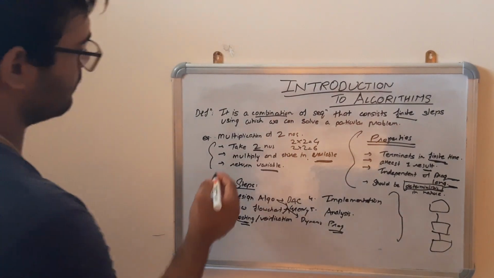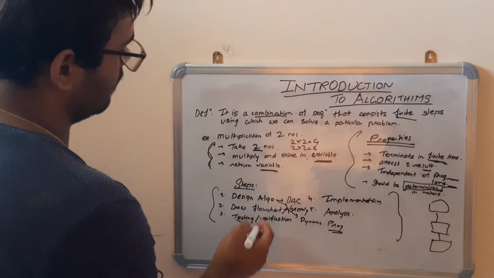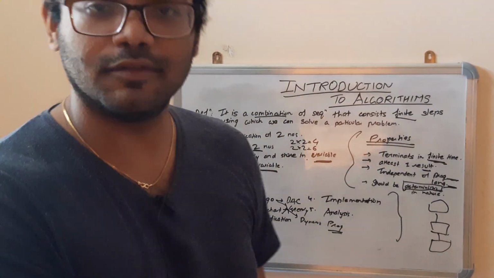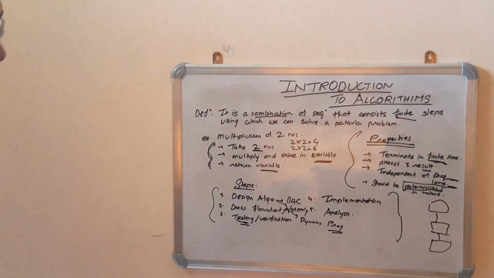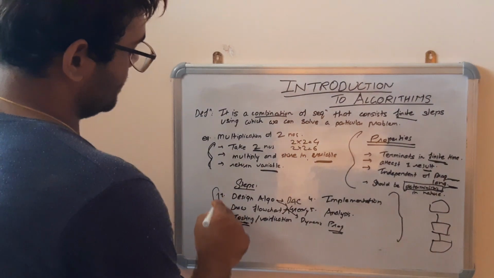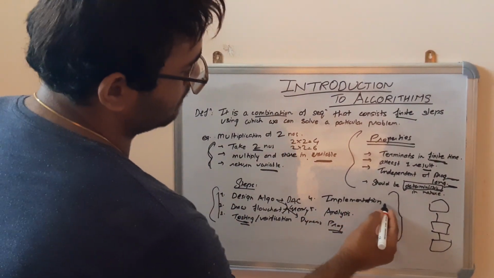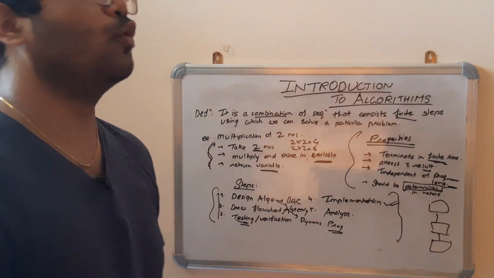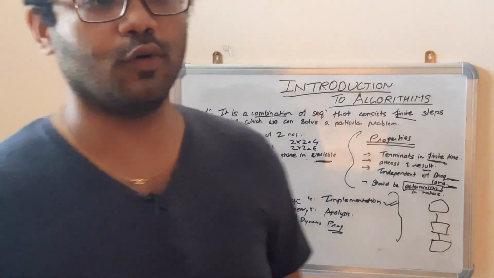Like we have come up with this algorithm, we test it with different values, to see whether we are getting the right result or not. Once all these 3 steps are done, then we implement it, right? Implementation comprises coding it. Nothing else. It's simply coding.